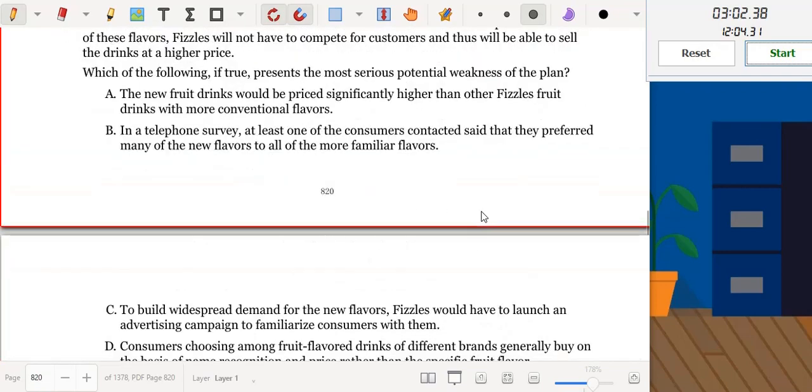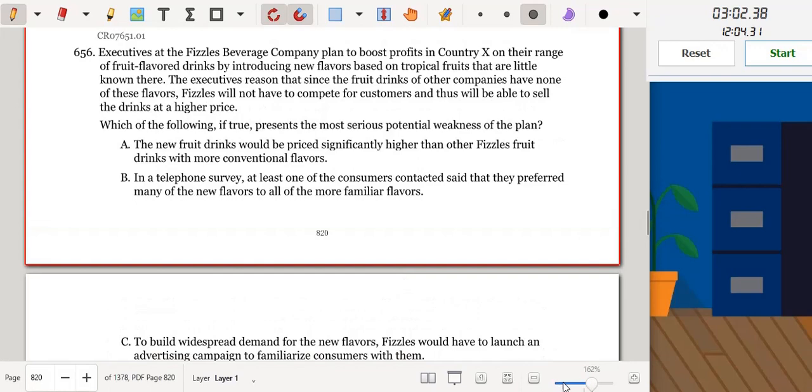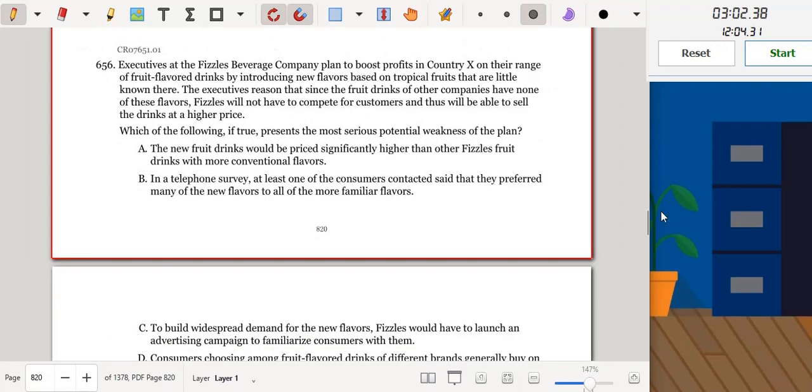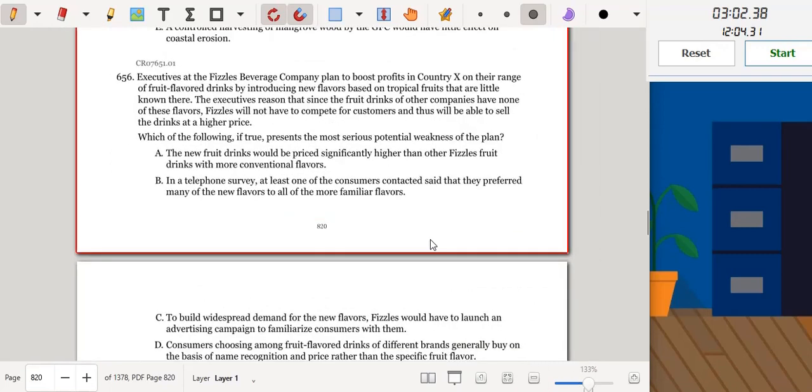So this is a split one. So just let me make it a little smaller. Okay, so the whole thing comes in one screen. Okay.